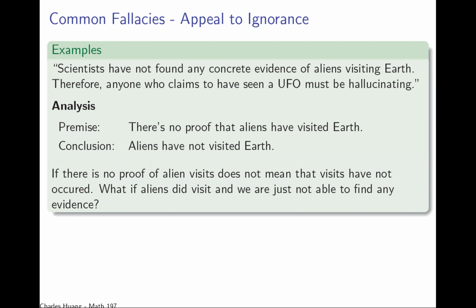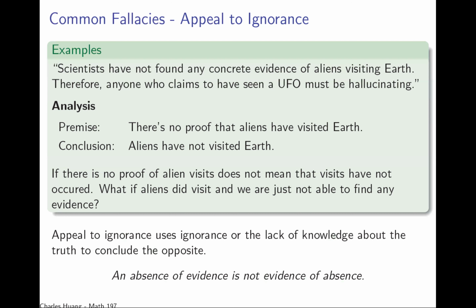Now, it's important that no proof doesn't mean the same thing as alien visits have not occurred. Because we could have the thing happening, we just weren't able to find it. But just because we don't know about it doesn't mean that the thing doesn't exist.